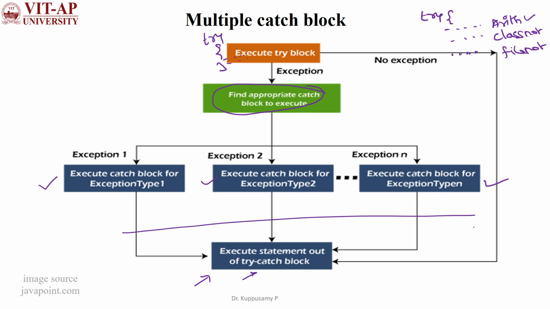After all the catch blocks: catch 1 for the arithmetic exception, then catch block 2 for class not found, and catch block 3 for file not found. After this we can write the default code, right, which is to be executed. So that's what this hierarchy is explaining.